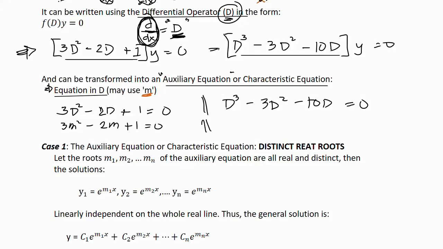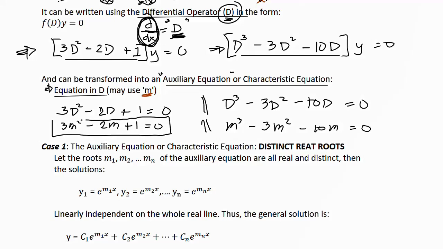And for this equation, we have m cubed minus 3m squared minus 10m is equal to 0. So now this is our auxiliary equation with the use of the letter m.